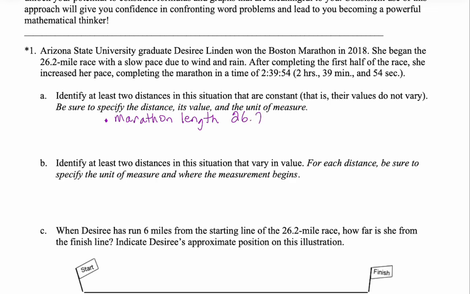That doesn't change. Can anybody tell me another thing that doesn't change? What is a distance in this situation that is constant? Can anybody come up with another distance that doesn't change? Yes. Exactly, that halfway point, right?